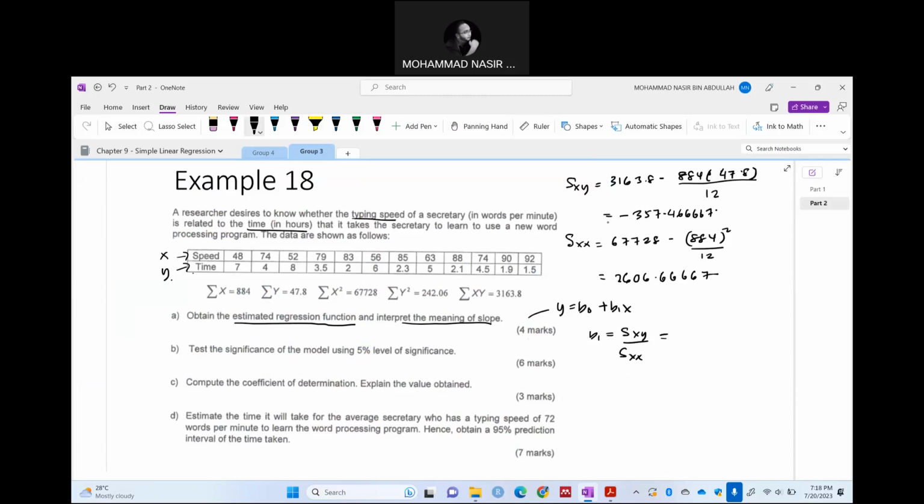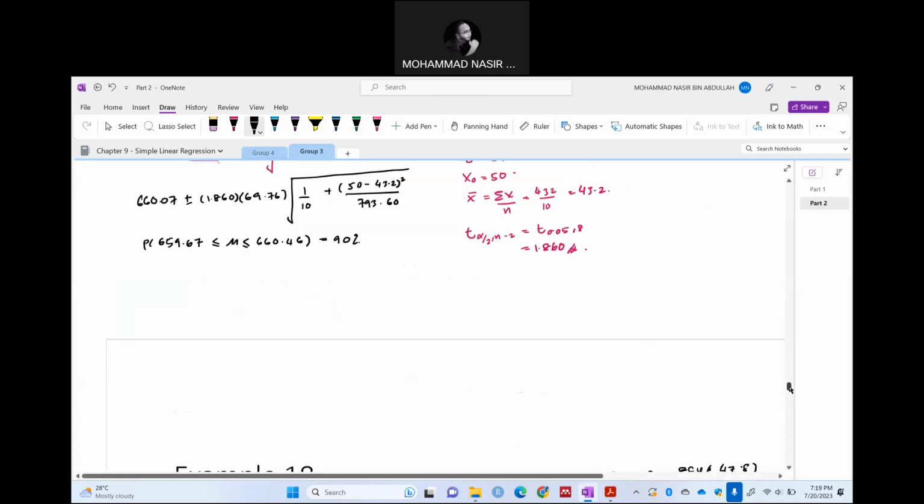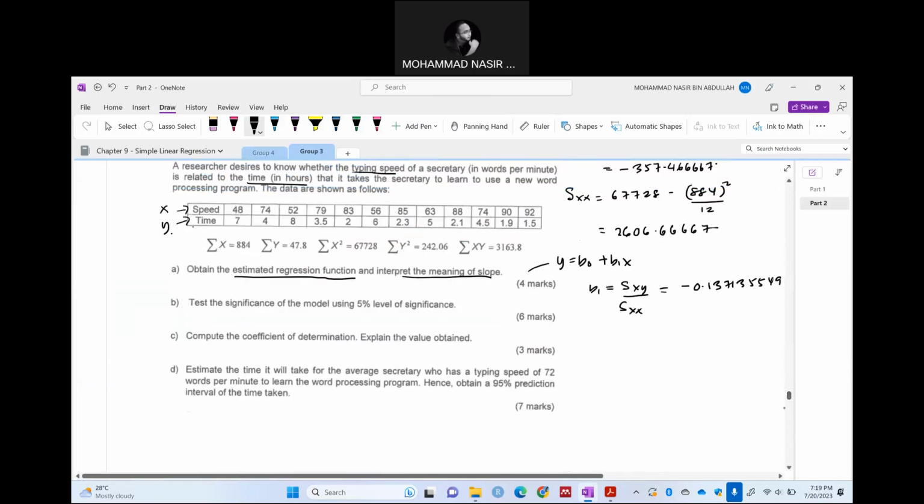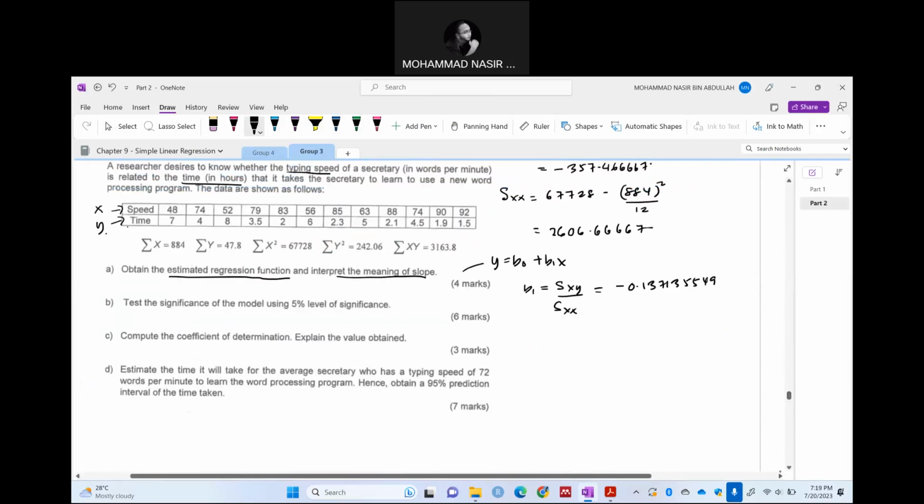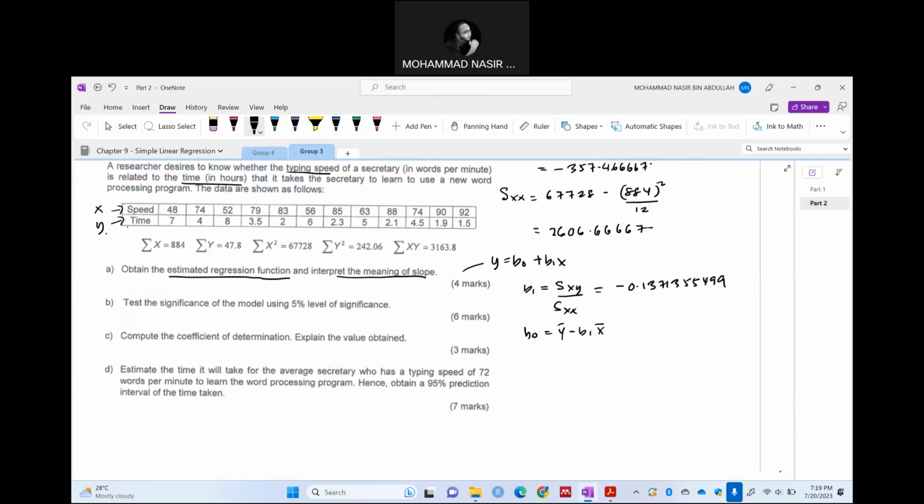So we just plug in the value into the formula. So we should get negative 0.1371355499. Right. And beta naught should be y bar minus beta 1 x bar.